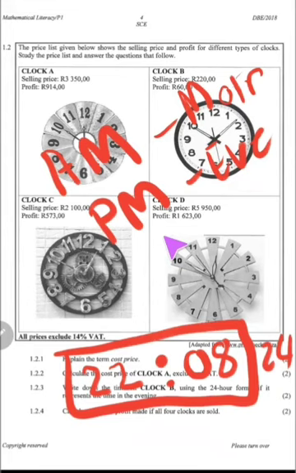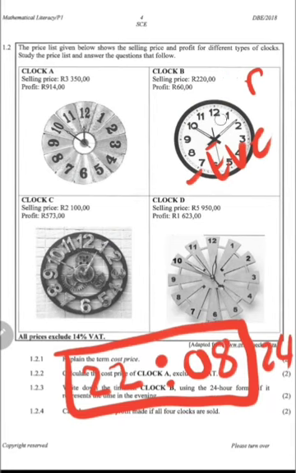That's usually your evening hours. If it's morning, then it will be 01, 02 up until 15 when it's in the afternoon. So in other words, to write clock B's time in the evening using the 24-hour system, it would be 10 p.m. 08 minutes. So 10 p.m. means 22 hours and 08 minutes.